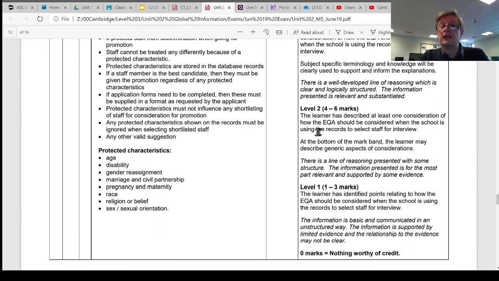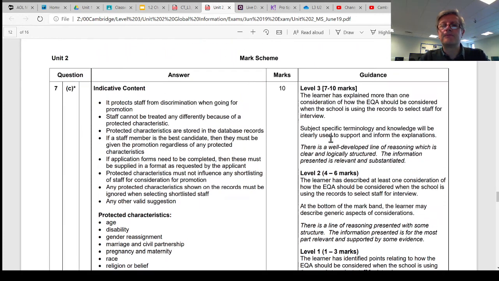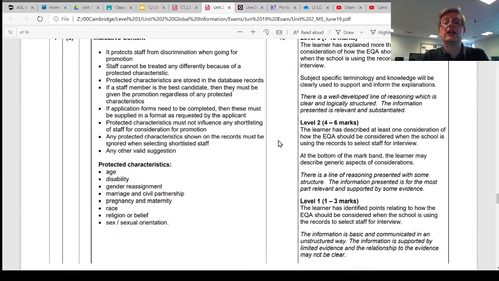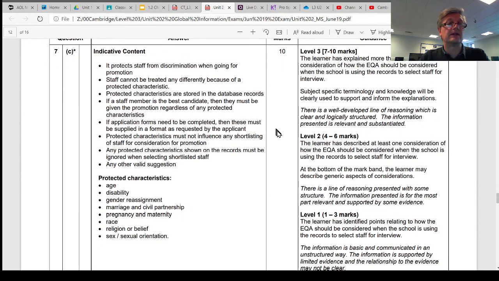If you're a little bit more structured and your arguments are a little more reasoned and they make sense and they flow, then you're likely to end up somewhere in the middle band. If you've used subject-specific terminology and you've clearly shown your knowledge and understanding of this subject in this context, and your argument is clear and logical and substantiated with some kind of example or further evidence, then you're going to be in the higher mark band.